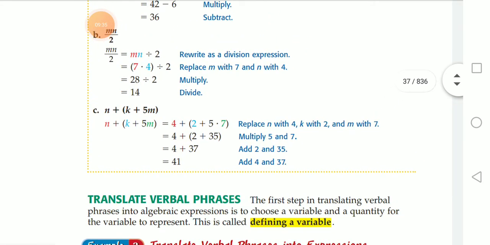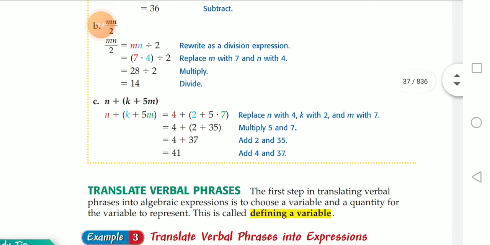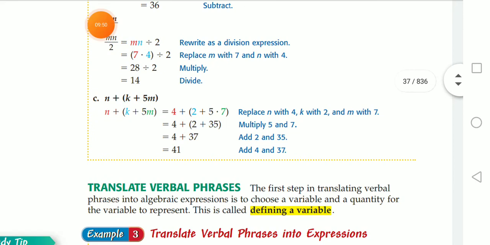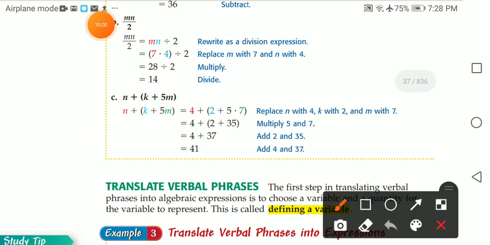My dear students, another exercise: n plus k plus 5m. The first thing I should do is replace n with 4, k with 2, and m with 7. So as you see here, 4 plus 2 plus 5 times 7. The first thing I use is the substitution.